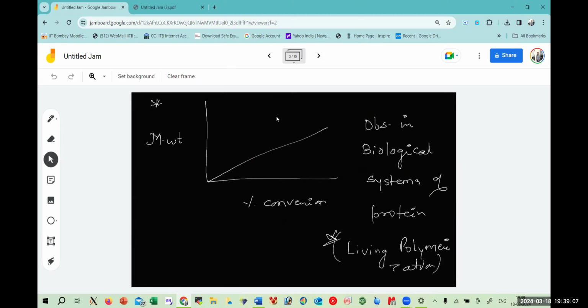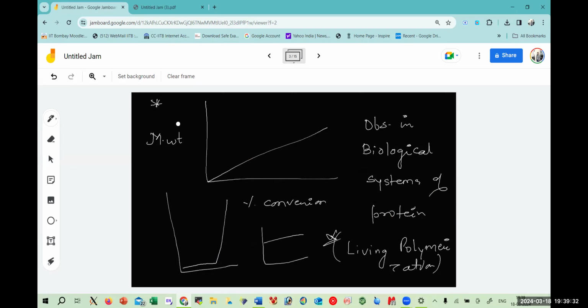Now, there is one more example. We have seen the example where it is constant and then the molecular weight shoots up; that is for step growth. The other one, which is constant throughout the conversion percentage, is chain growth.